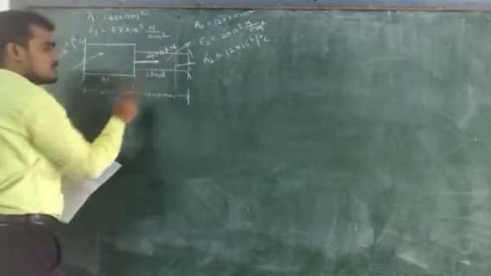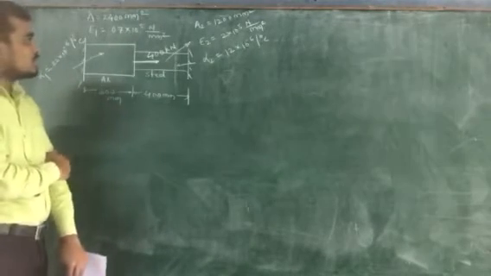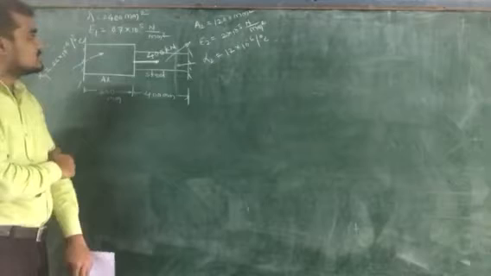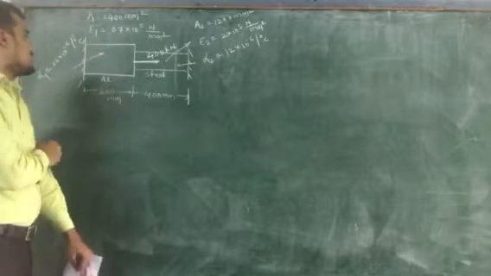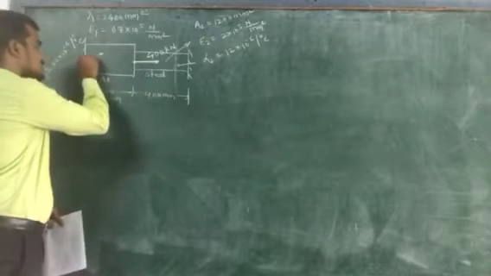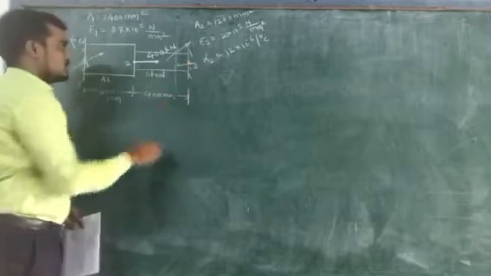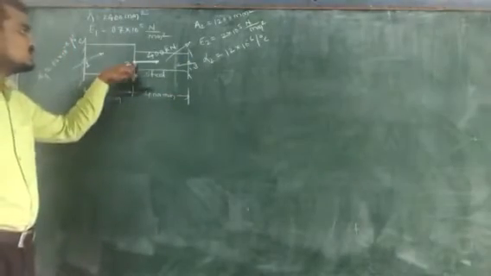A force of 400 kN is given at node 2. This is node 1, this is node 2, and this is node 3. We are asked to find the nodal displacement at node 2.